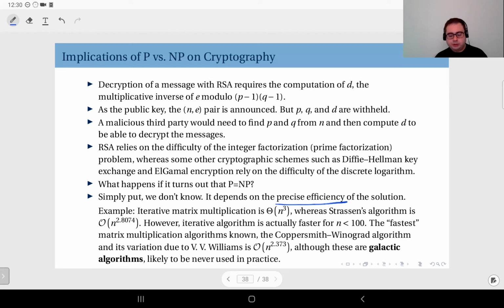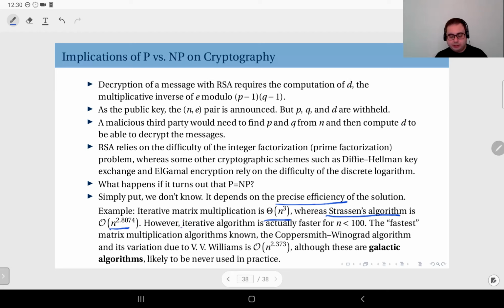So in general, iterative multiplication is in the order of n to the power 3. On the other hand, we have Strassen's algorithm, which instead of 8 multiplications, requires 7 multiplications for 2 by 2 blocks, let's say. And the complexity of this algorithm is in the order of n to the power 2.80.